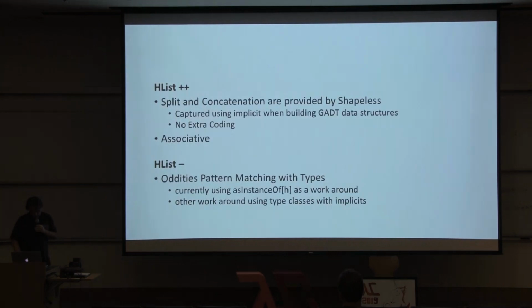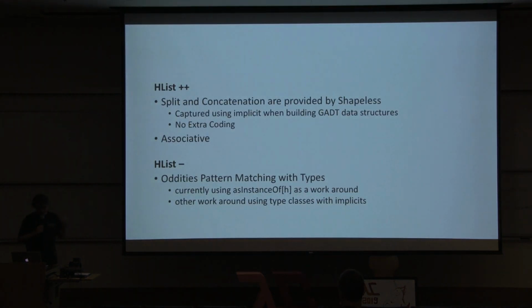So, okay, some positives for HList: split and concatenate are provided by Shapeless, so we don't have to worry about coding them. These can be captured implicitly when building our GADT structures, and they're associative. HList is really kind of difficult with pattern matching. There are some workarounds that are not very pretty right now.